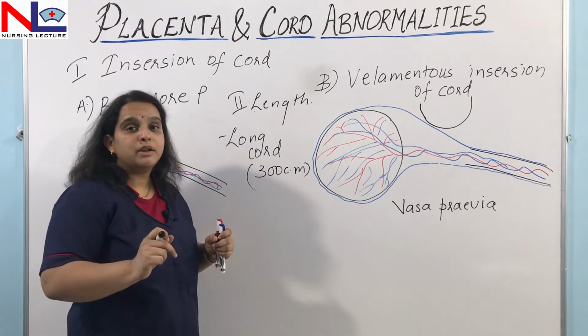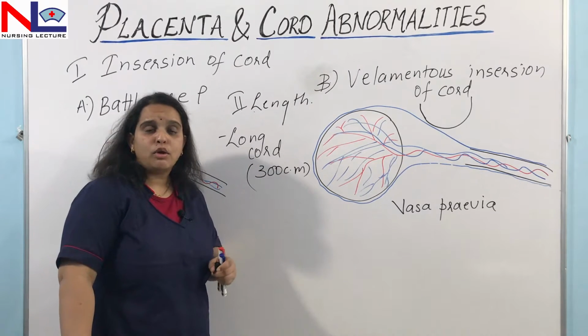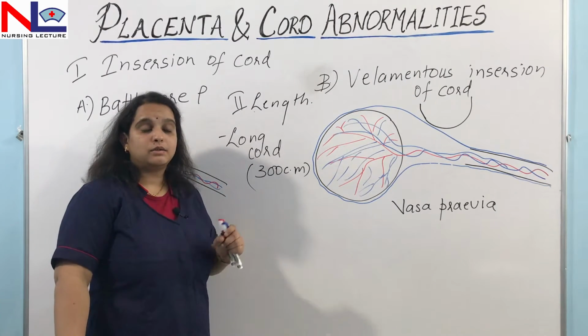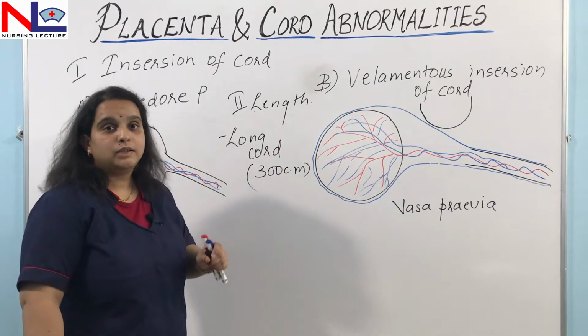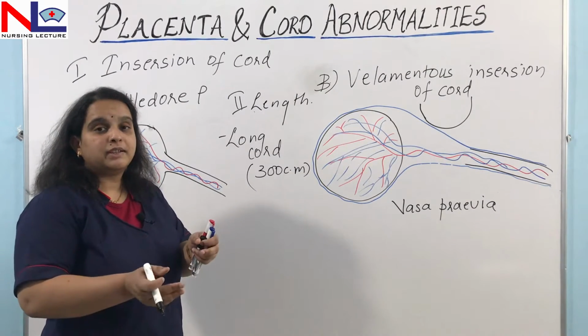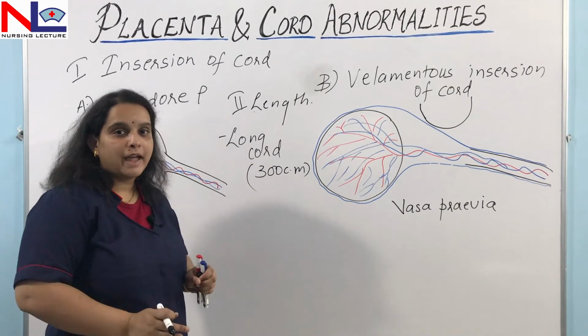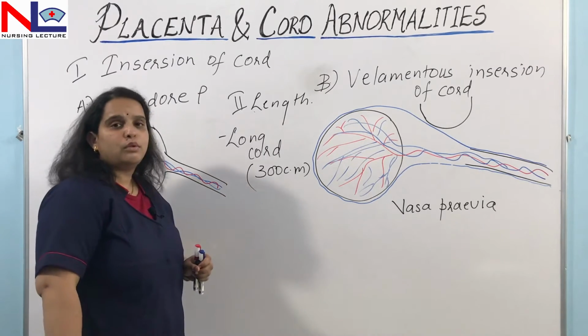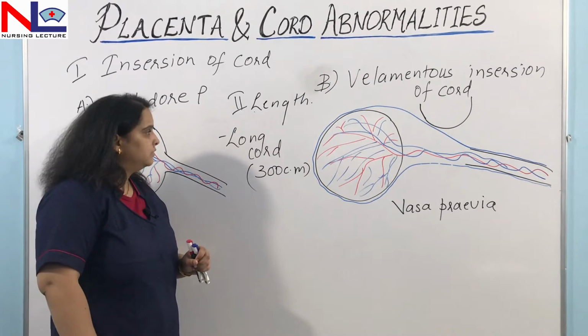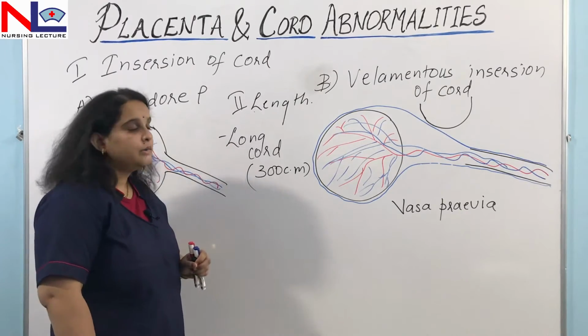That may delay the labor process, and it may also cause cord prolapse, that is, the cord comes down through the vagina first while the presenting part remains in the uterine cavity itself. So cord prolapse is one of the dangers with a long cord.